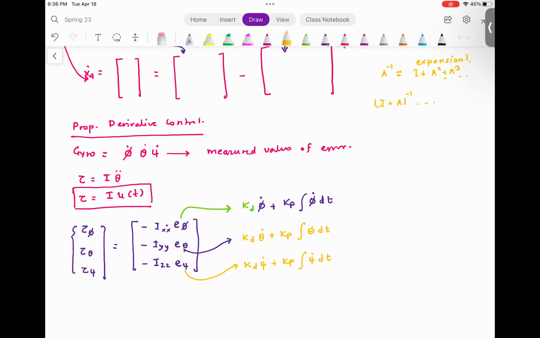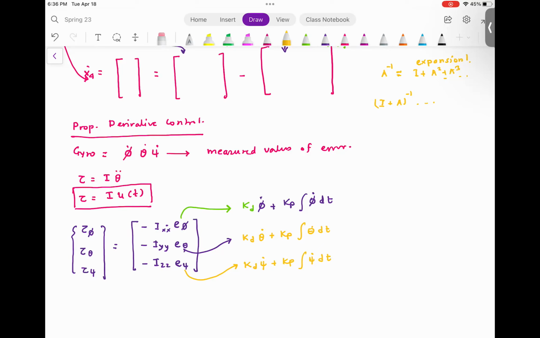So simply put, here is what's going to happen. If your aircraft rolls, for stable hover, what should be the value of roll? 0. As soon as the gyro measures a non-zero roll rate, you would apply some restoring torque about the roll direction.